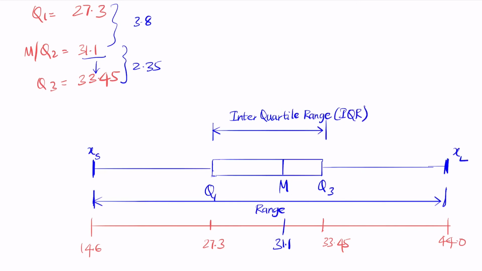So this is an example of the box plot. So M here represents the median.